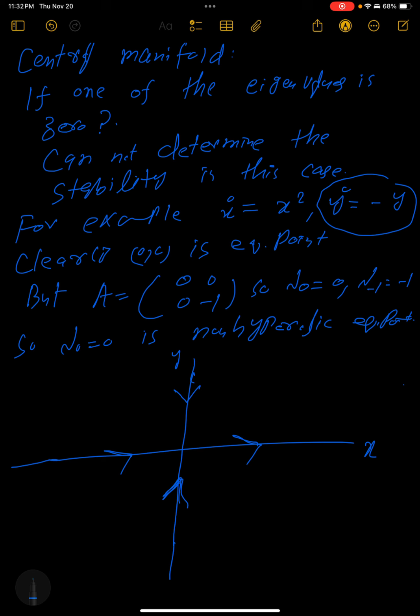So we can see the pattern that over here my solution is moving there, and over here my solution is moving there, and over here my solution approaches 0. From here my solution also approaches 0, but when it approaches 0 it then starts moving away from the origin in the first and fourth quadrant for the said system.